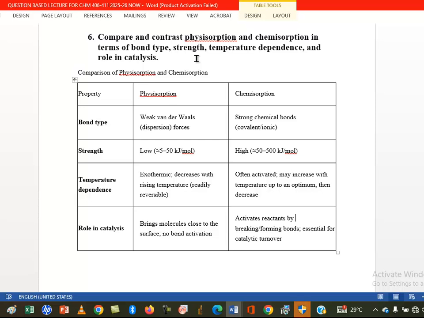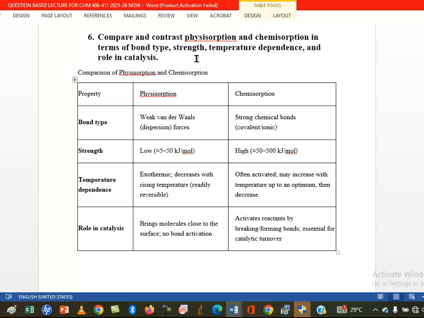Now there are different types of adsorption. Adsorption can be physisorption or chemisorption. It is physisorption when it is physically attached, using physical or weak forces. But when you have strong chemical bonds attaching the substance to the surface, then you call it chemisorption.